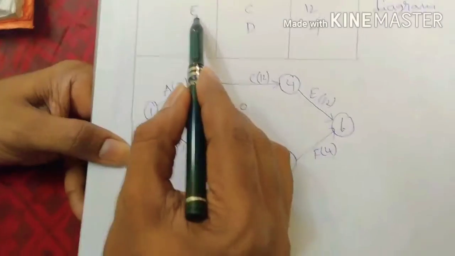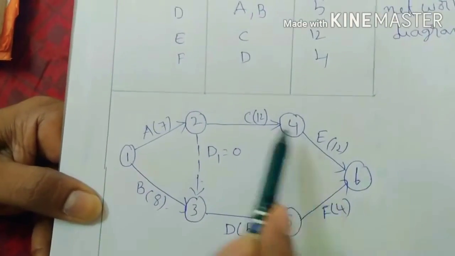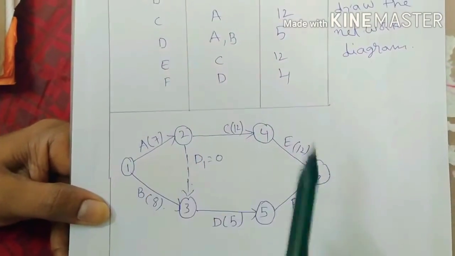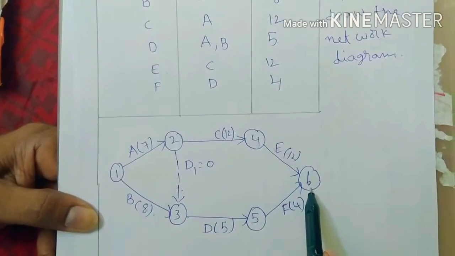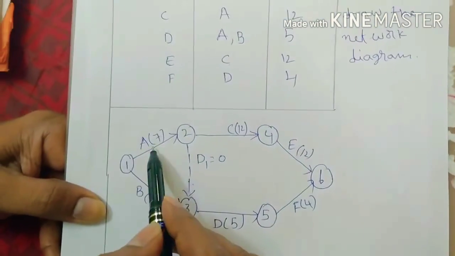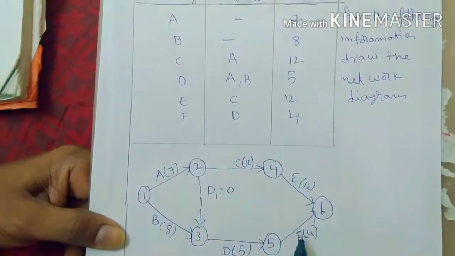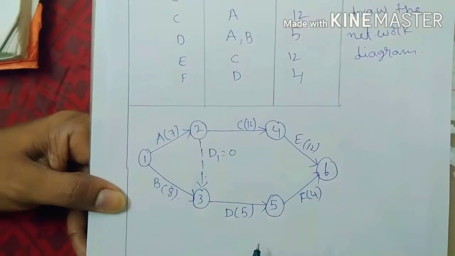So next here F activity, before F, C should be there. Before E, D is there. F activity will be there, and before that D should be there. D is there. So finally it ended with one end point. Likewise, we need to mention the duration in all the activities. This is the procedure to construct the network diagram.